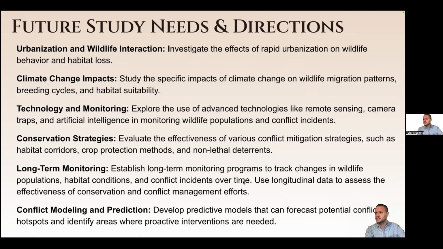And then conflict modeling and prediction, right? It's very interesting that a lot of these species behaviors, occupancy data, abundance data, movement data can be put into predictive modeling, like agent-based modeling, habitat suitability modeling, and even specific models that have been made to sort of mimic the way farmers or ranchers operate and the numbers of their cattle grow and decrease, and then the movement patterns of wolves or tigers to see how they may run out of prey within an agent-based model and now need to dip into or be more inclined to dip into livestock populations.